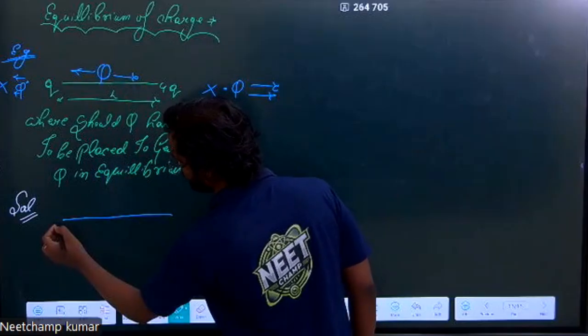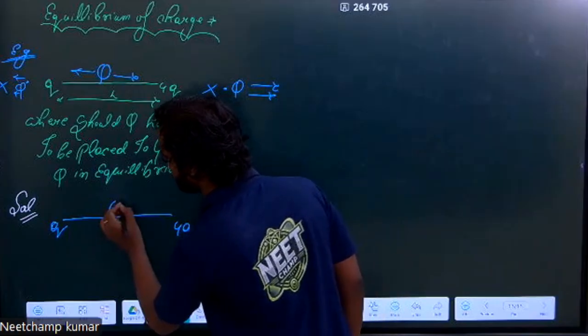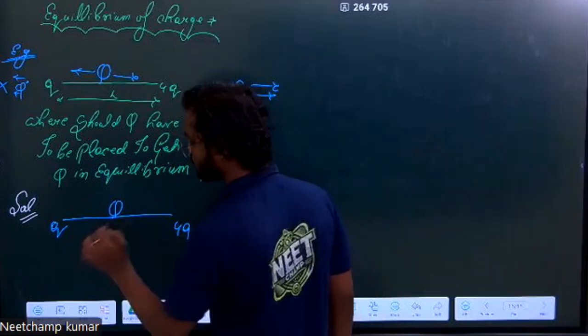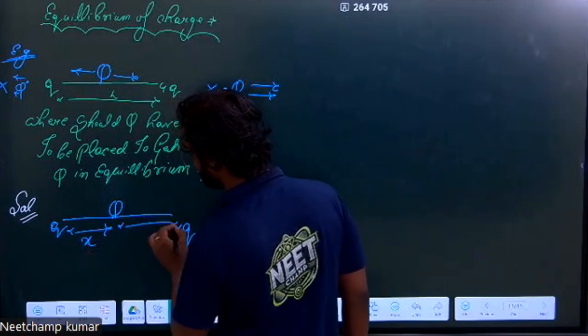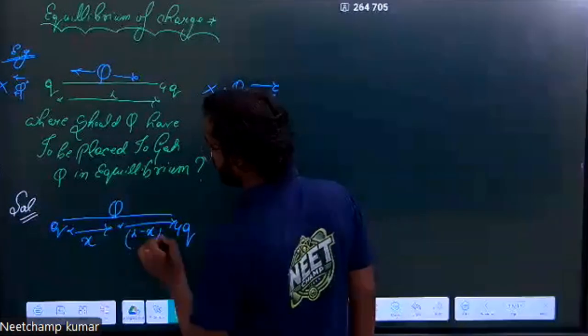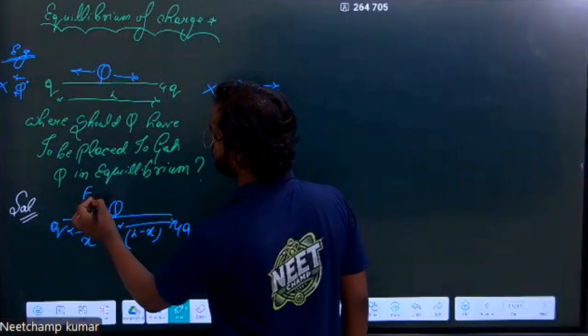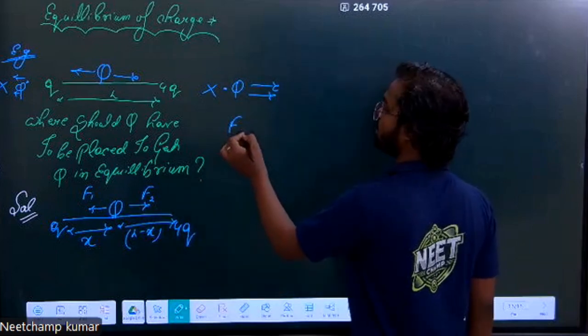Let us consider this is my q and this is my 4q, and the charge has to be placed somewhere here. I don't know the position, so let us consider it to be at distance x. The total distance is L, so the other distance is L minus x. Now this applies a force F1 in this direction and F2 in this direction. If they have to cancel each other, F1 should be equal to F2.